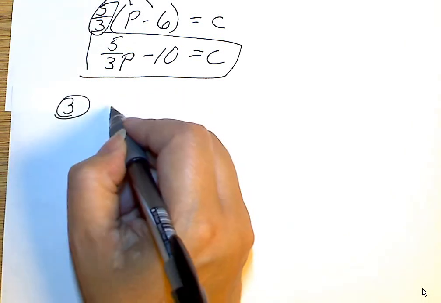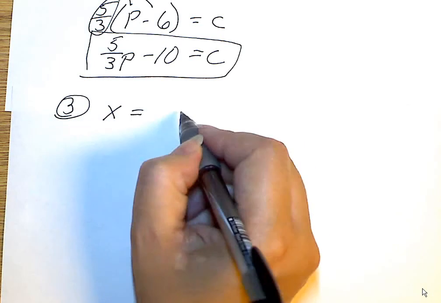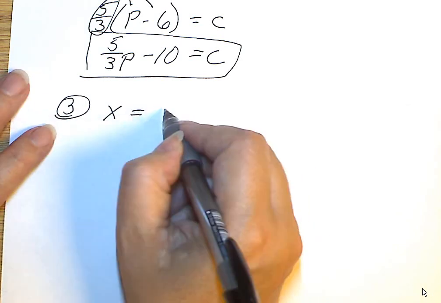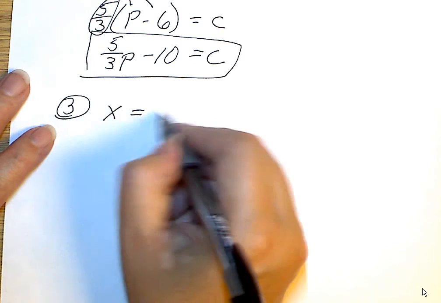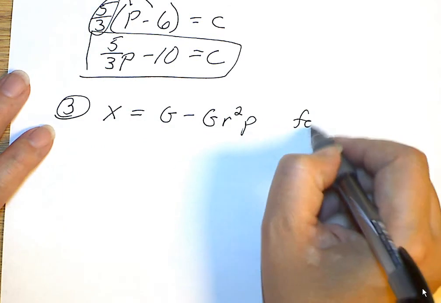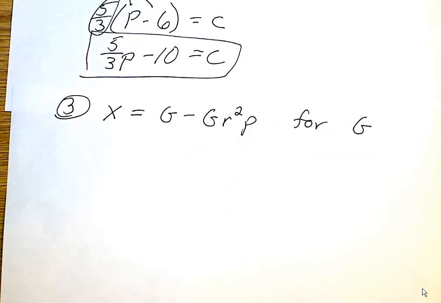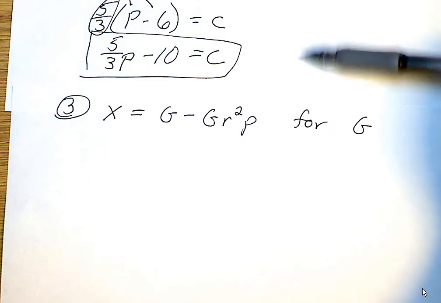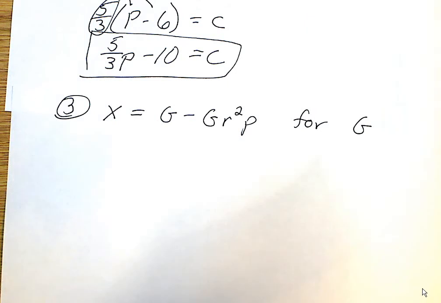It is X is equal to G minus G r squared P, and you're solving for G. If you guys have room, you probably can write it over right here, or you could write it on a sheet of paper. It doesn't matter, but you probably could find room for that.